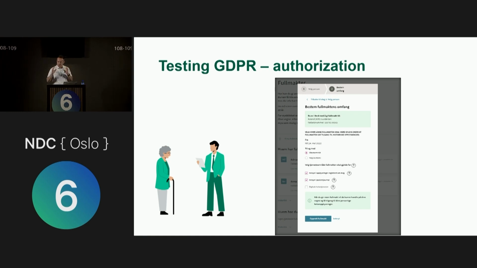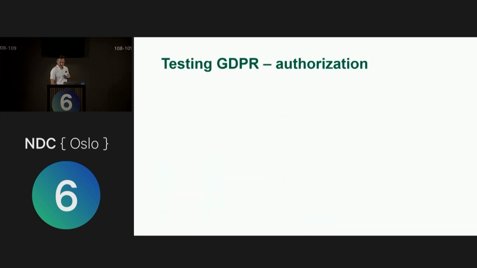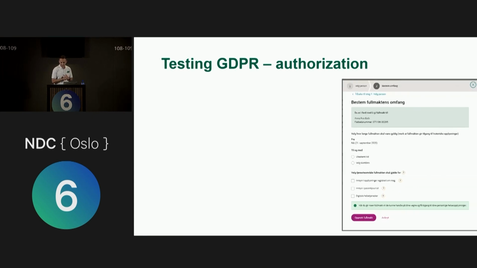The portal is in Norwegian, so it may be difficult to read here. These are 3 authorization areas that one user can authorize to another. So a user can make choices here and click OK to create an authorization, which gives access to her medical and health information to another person. So this is a window for giving.